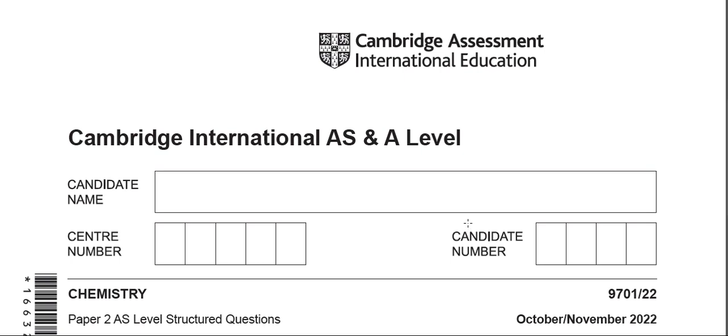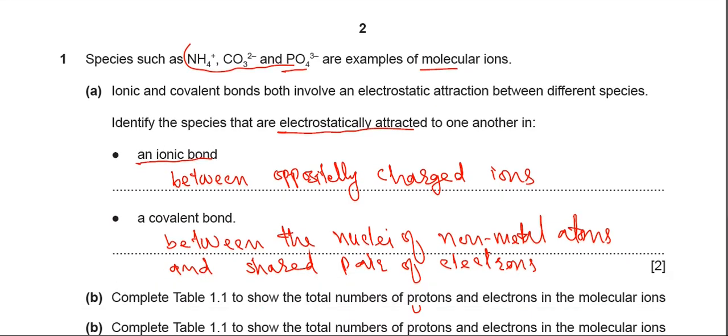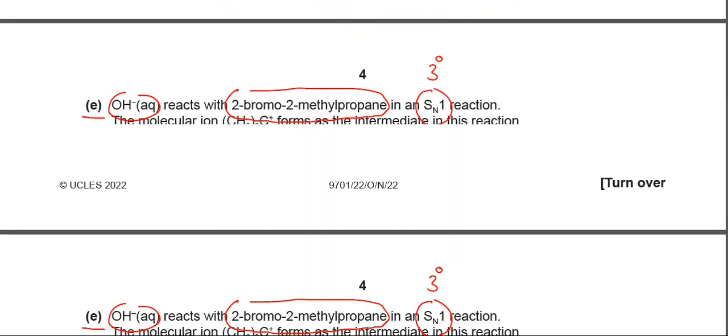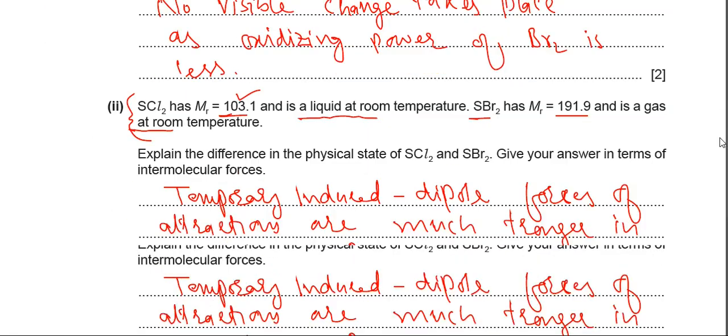If not, then please go to them to watch how I solved question 1 and question 2. So right now I'm proceeding with question number 3.